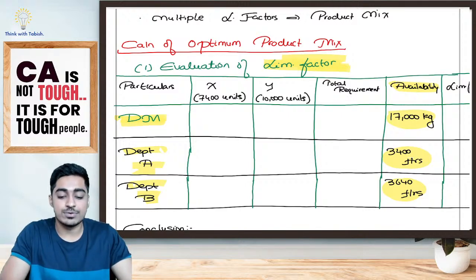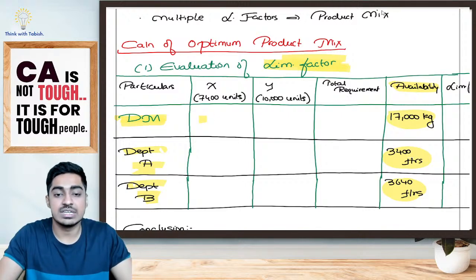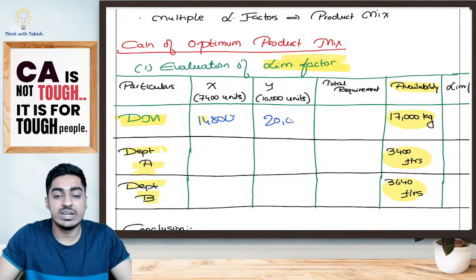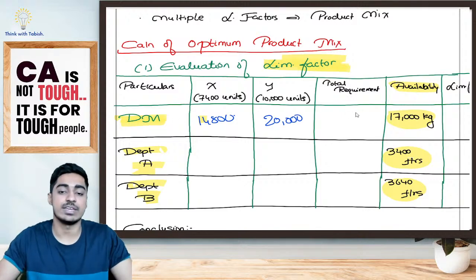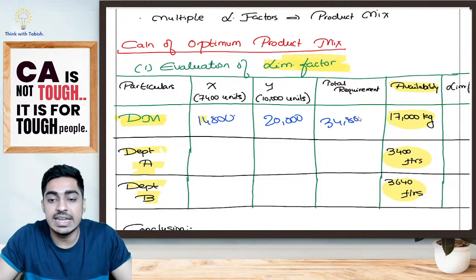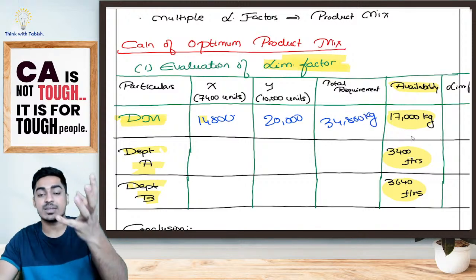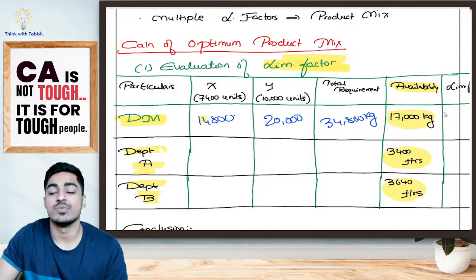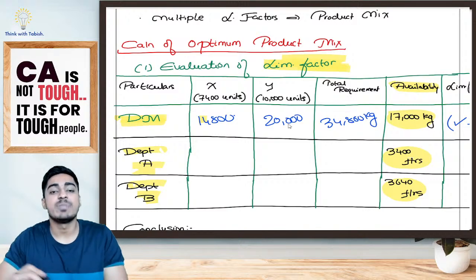Yes, 7,400 units of X is required for every unit 2 kg. 14,800 kg is required for X. 10,000 units of Y is required for every unit 2 kg. 20,000 kg of direct material is required for Y. Altogether, 34,800 kg of direct material is required. How much is available? Only 17,000 kg. So whether direct material is a limiting factor? Yes, direct material.